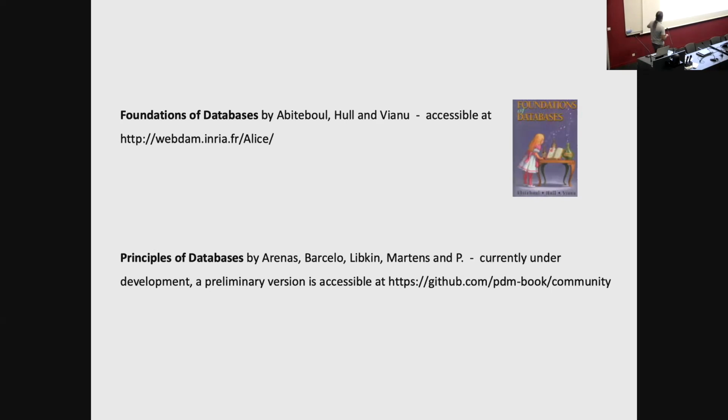We were hoping that we would finish that book before COVID. This didn't happen. COVID didn't help, of course, and we are still trying to write that book. But there is a preliminary draft available. Of course, it's not the whole book there, just some parts of the book, which we continuously update. You can get it from this GitHub link.